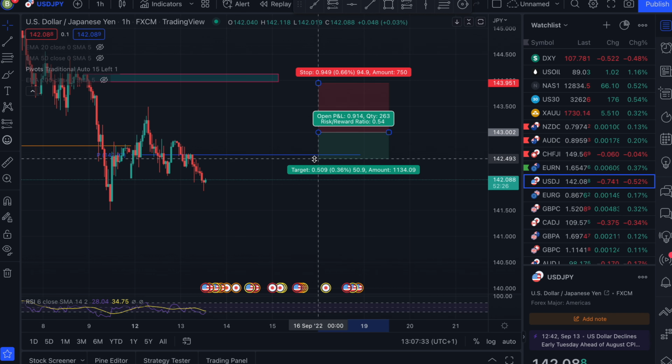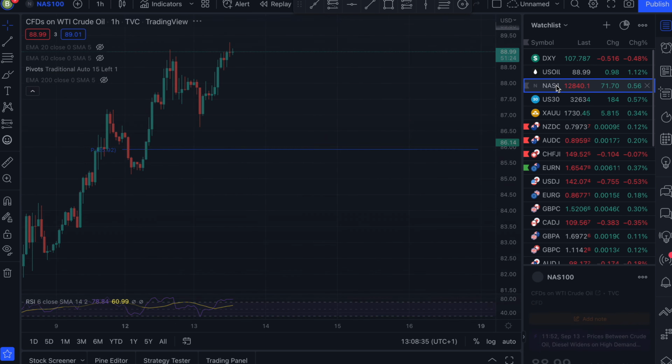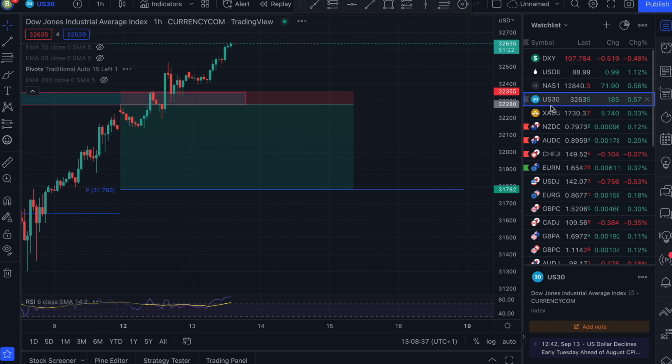But when it comes to other things like indices, this is where it can get slightly more confusing. So our indices, the ones we trade are the US oil, the Nasdaq, the US 30 and gold. So if we was to go to US 30, for example, it's currently trading at 326.35.